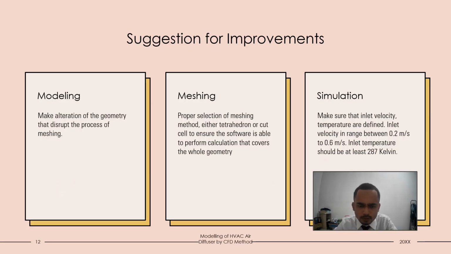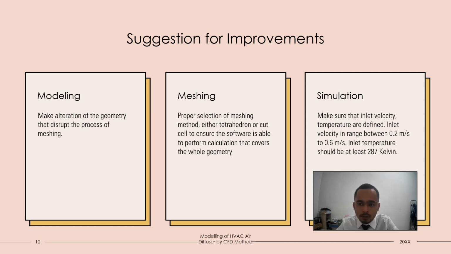So this is the suggestion for improvement to my simulation results. For modeling, I need to make alteration of the geometry that is disrupting the process of meshing. So if there are any disruption on the meshing process, it might affect my results in the simulation.